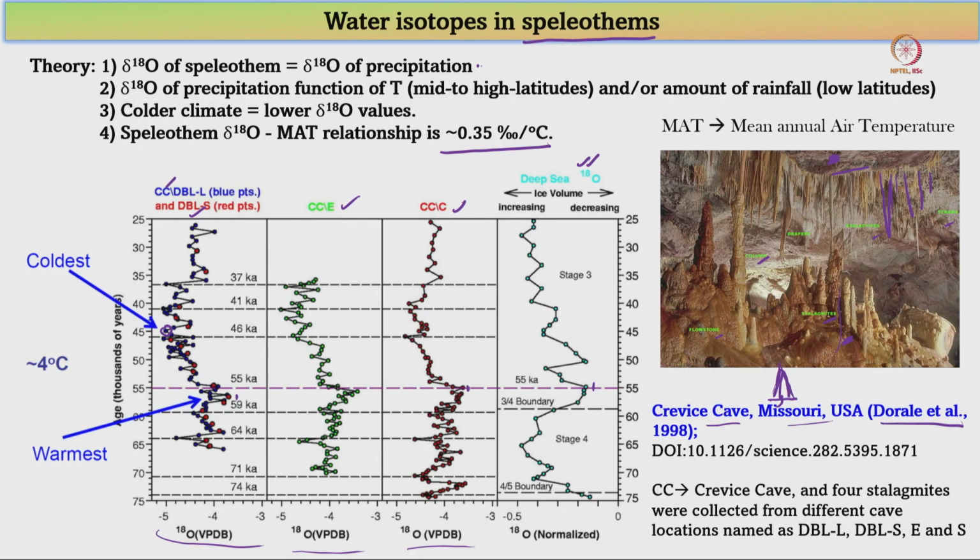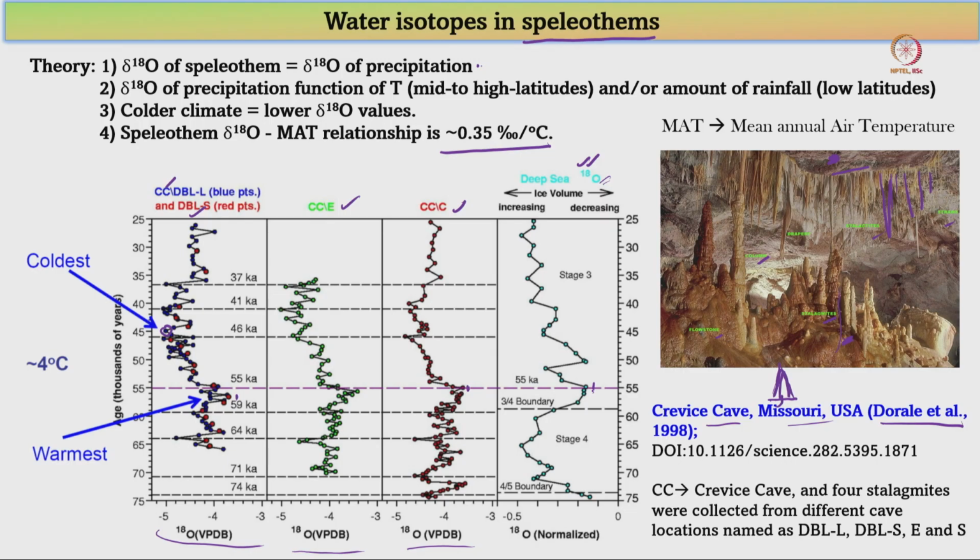So, it is the deep sea delta 18O values that they have plotted, and if the deep sea delta 18O values are rising, it means that the sea is getting more and more enriched in 18O. That means more and more 16 oxygen is getting trapped on the continents. So, if the 16 oxygen gets trapped on the continent, then the 18 oxygen in the deep ocean gets enriched. So, it is a huge change.